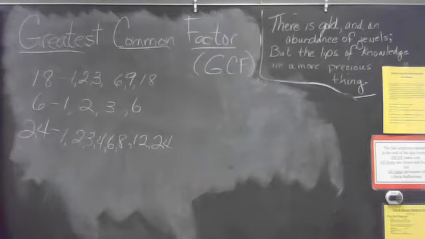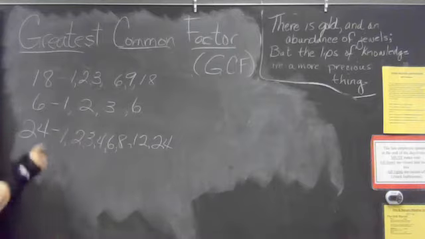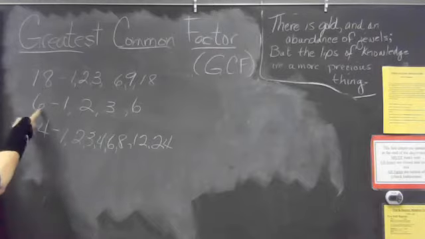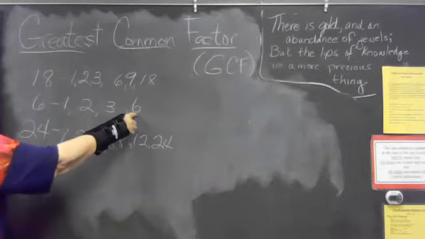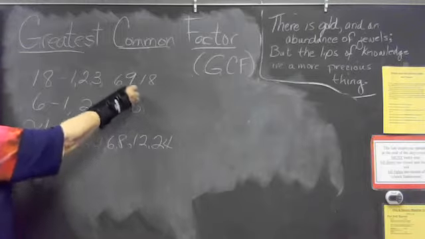So now you're just going to look and see what the largest common factor is. And if you'll notice, I can't go larger than 6. Y'all see? The smallest number, the greatest common factor, can't go bigger than this because that's the largest factor here. So I'm going to look and see if it's common in all of them.